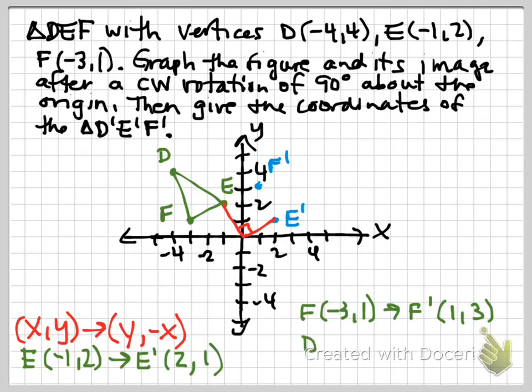And then D started at -4, 4. So for D prime, we're going to switch the order. So the y goes in the x spot, the x goes in the y spot, and then we're going to change the sign on the x. So we're going to go to 4, 4. So here's my triangle.